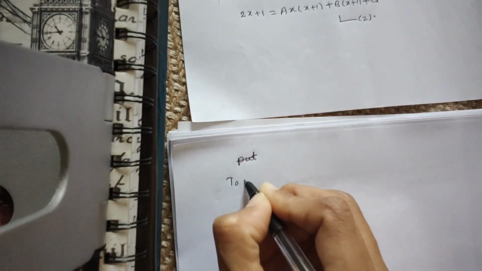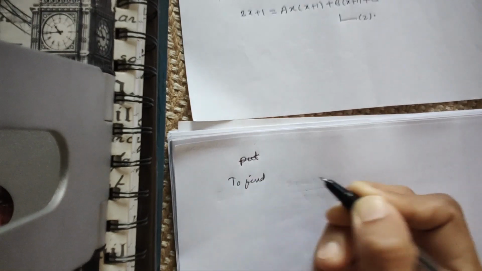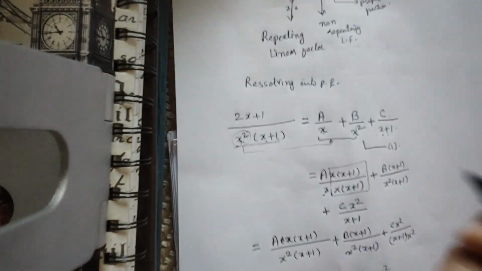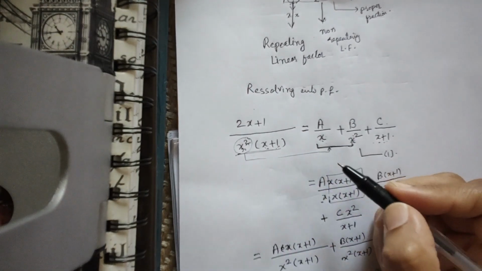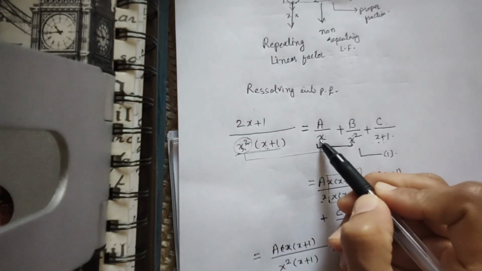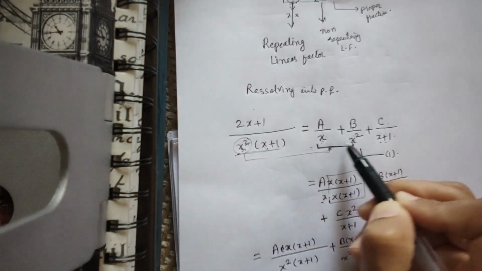Now always remember that in this repeating case, the denominators of A and B are the same, right?